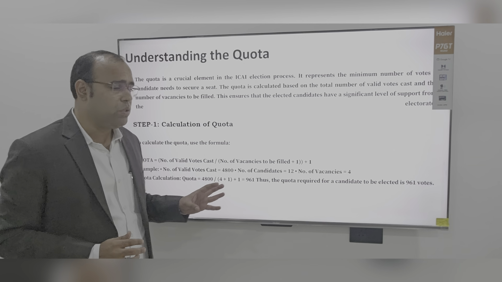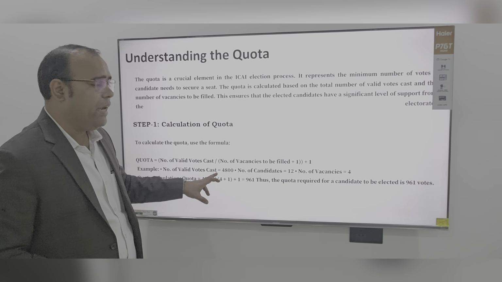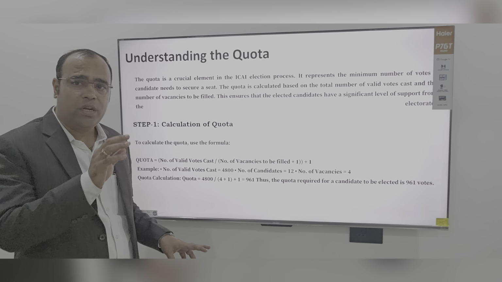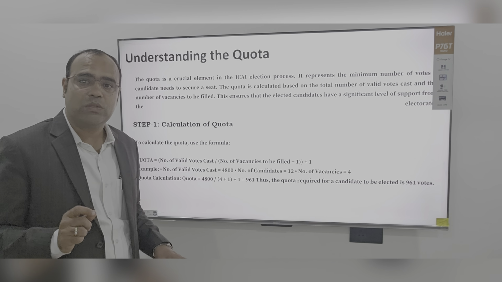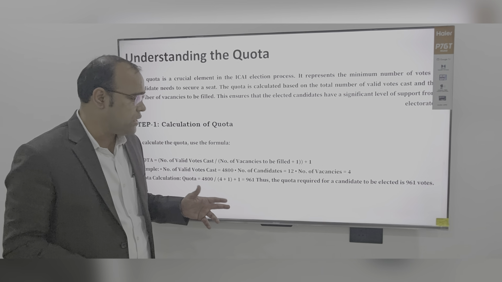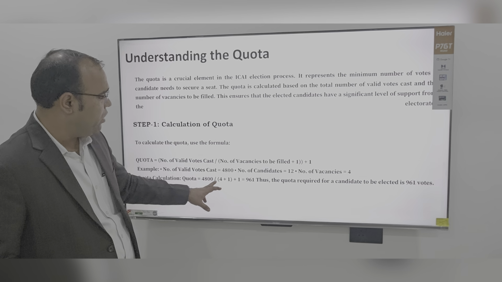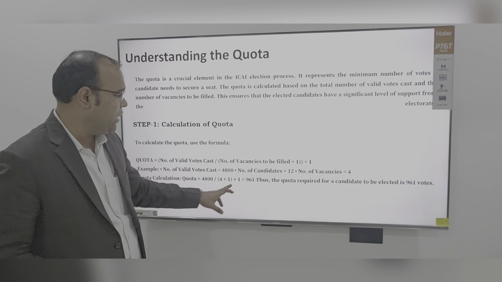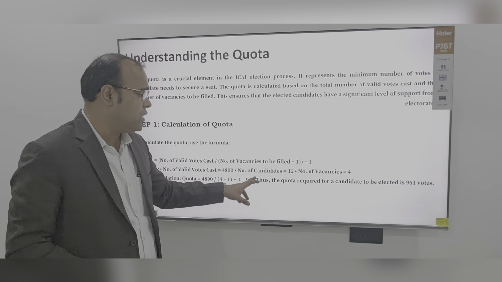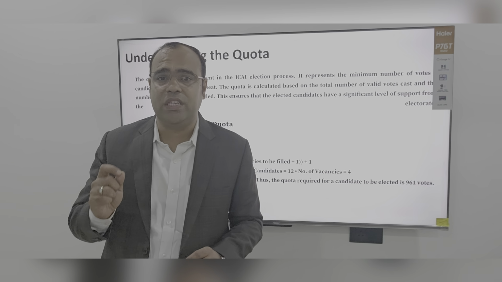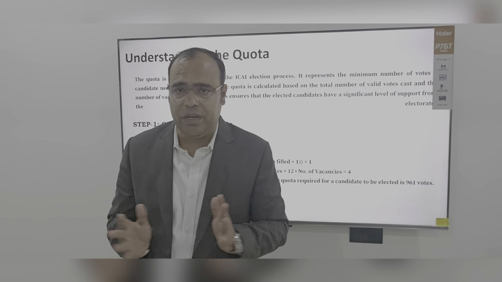So in the denominator we take vacancies plus 1. The quota comes to 961. How? 4,800 divided by (4 plus 1) is 960, then plus 1 gives 961. So if any candidate gets 961 first preference votes, he is declared a winner.